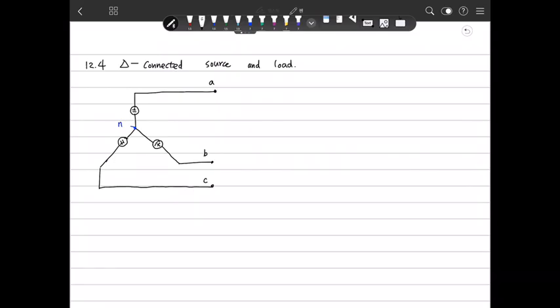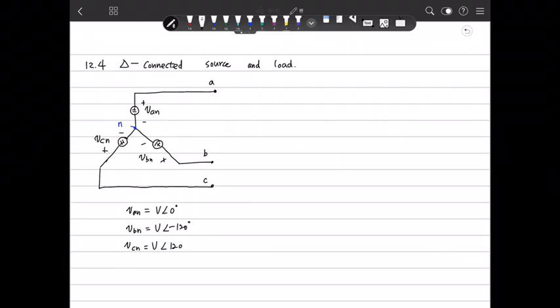Then we define this voltage as VAN, this voltage as VBN, and this voltage as VCN. Then we define VAN as maybe V at 0 degrees, and VBN is V at minus 120, and VCN is the same magnitude.